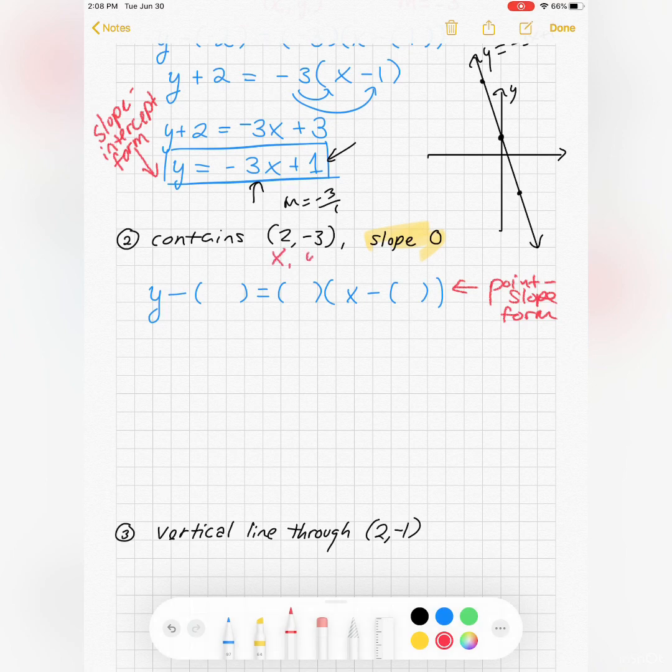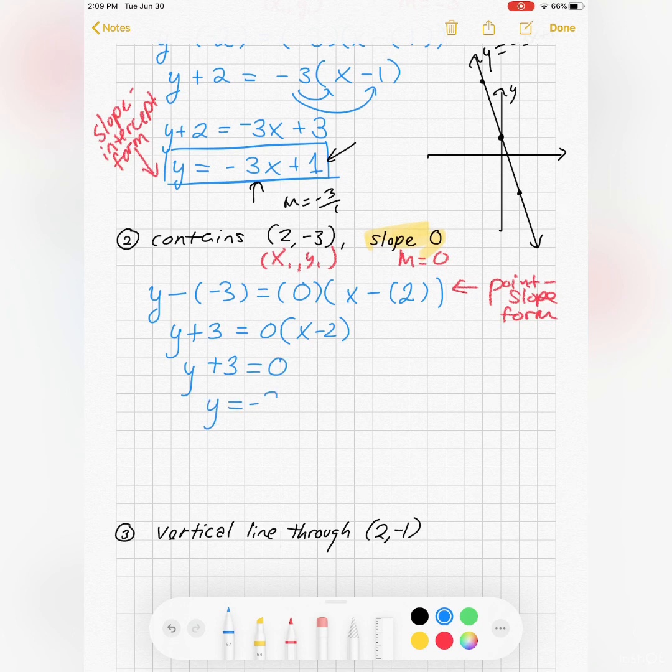Okay, this is our x1, y1. Okay, so y minus y1, this is our m. So y plus 3 is 0 times x minus 2. Now 0 times x minus 2 is just 0.